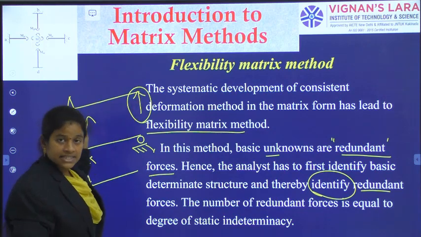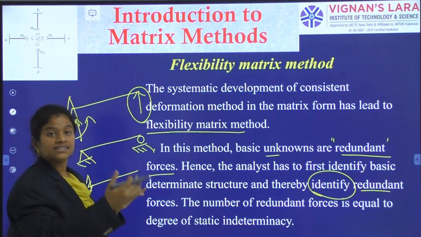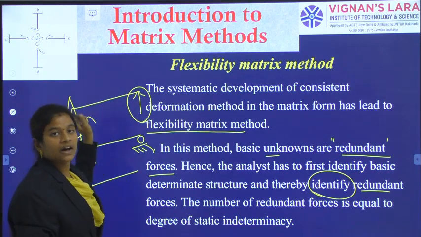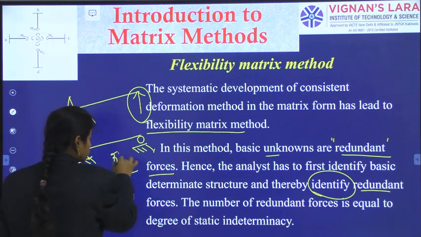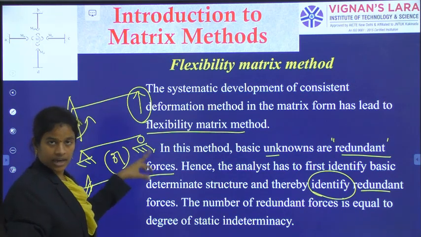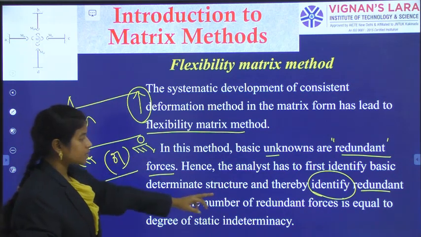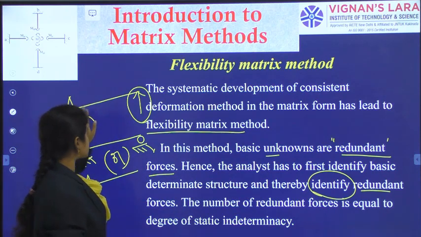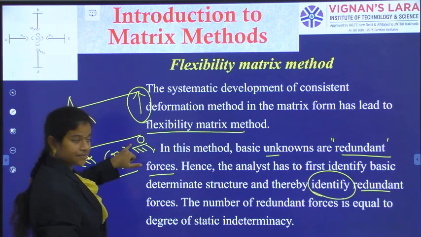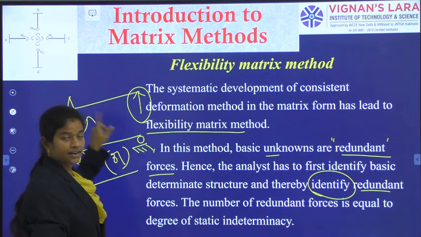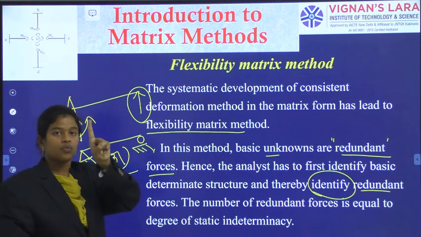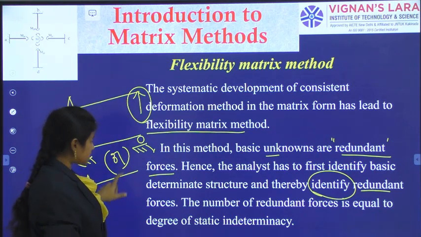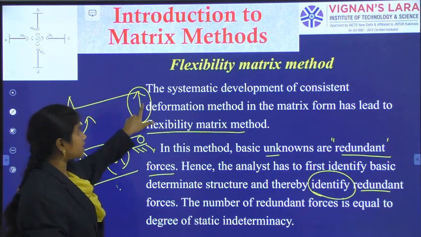So these unknowns, the extra unknown quantity, either this one or that one, any one method you can choose. Identifying the redundant force: if I am considering this simply supported end, what is the redundant force? One. Or if I am considering this way, what is the redundant force?